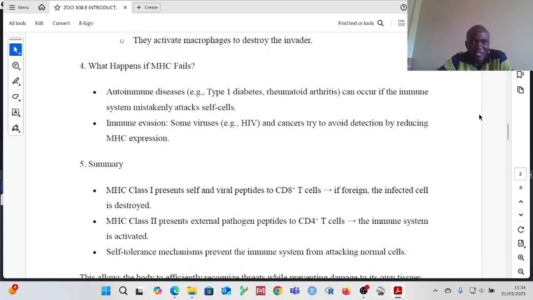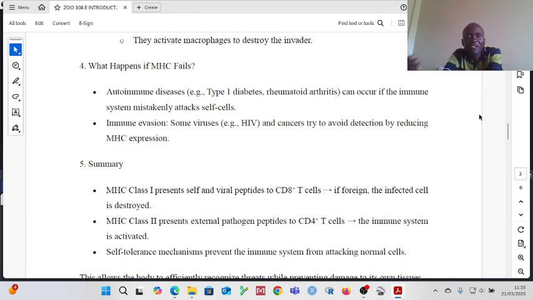But what happens if the major histocompatibility complex fails? So one thing that if it fails, then you expect kwamba the immune system will not be able to differentiate between self and non-self. It's as if you are playing football with the same uniform.